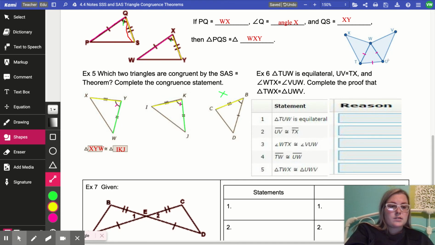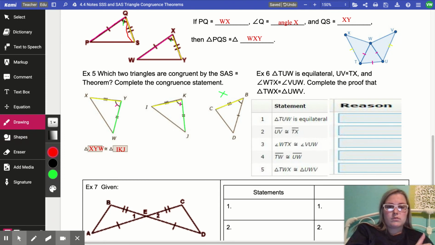So from U to V, and you can barely see it, it's in yellow, is congruent to T to X. And it also gives me that the angle WTX, so from W to T to X, this angle right here, is congruent to the angle from V to U to W.